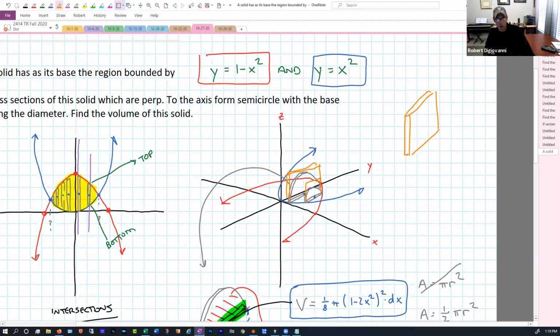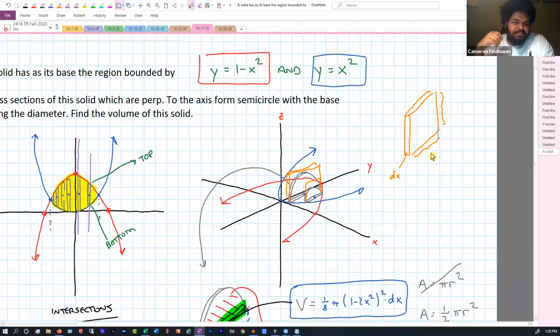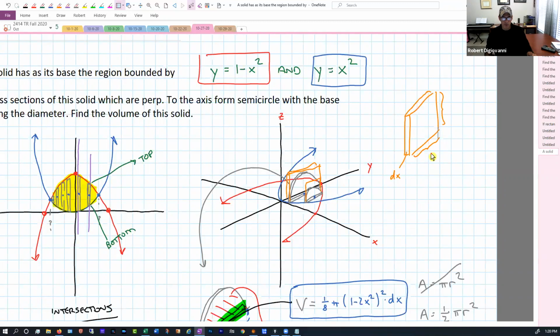Well, we know how wide it is, right? It's dx. We need to know this length and this height to get the area, but it's a square, so the base and the height are the same. Do we know how long this is on the bottom? Top minus bottom. That's just top minus bottom, right? There's no half of it this time because it's not a semicircle.